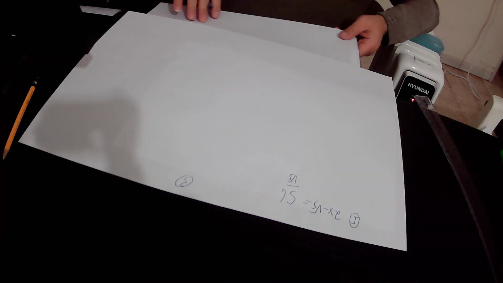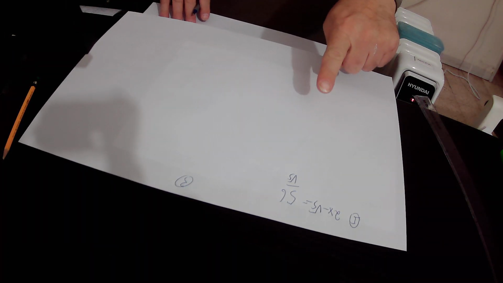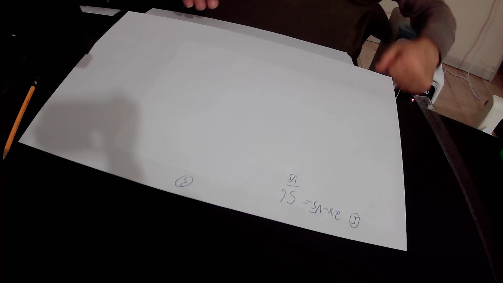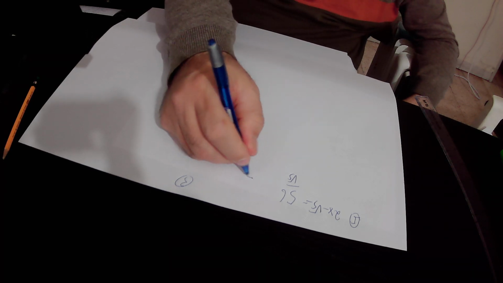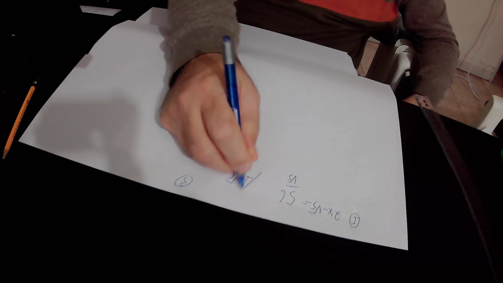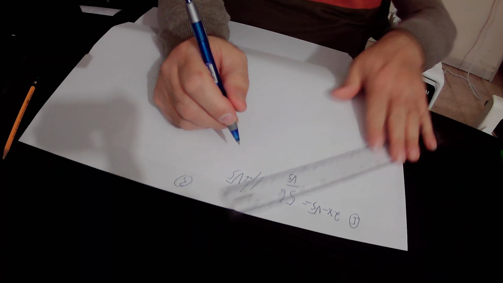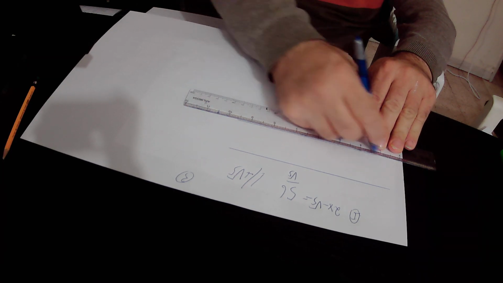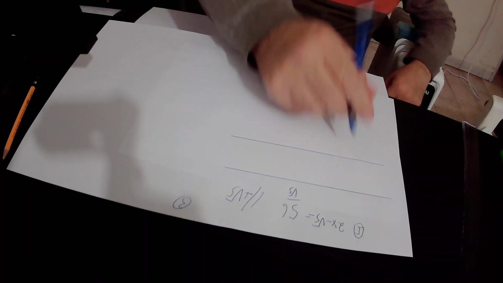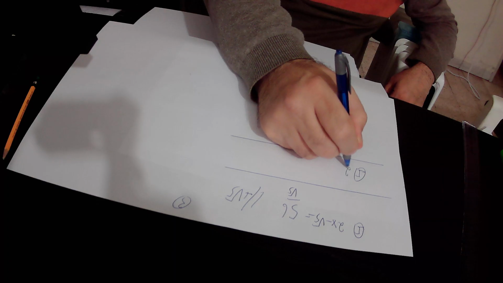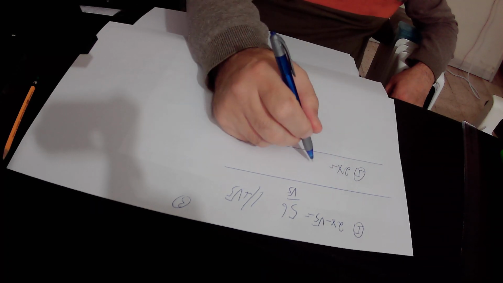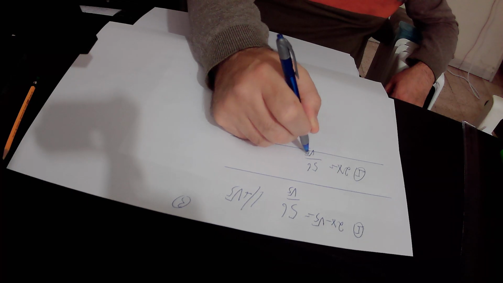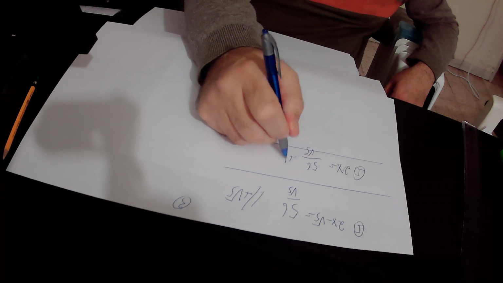According to equation number 1, we found that 2x minus square root of 5 equals 5b over square root of 5. Here we add square root of 5 to this equation, and we get that 2x equals 5b over square root of 5 plus square root of 5.